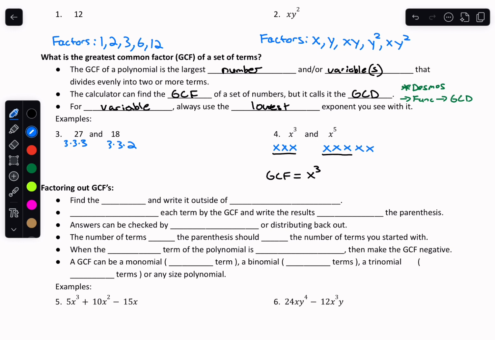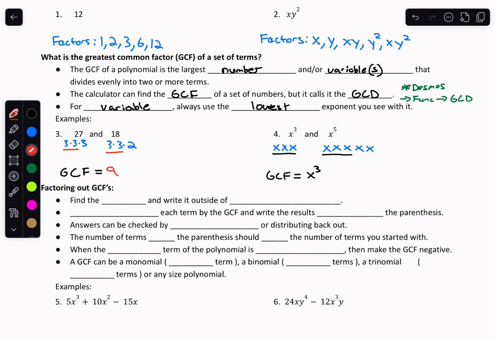So by breaking down each of these numbers into the prime factorization, all I have to do is see what they have in common. So here, the GCF of 27 and 18 is going to be whatever they have in common, which in this case, notice they both have two 3's. So 3 times 3 together will give me a 9 as the GCF.